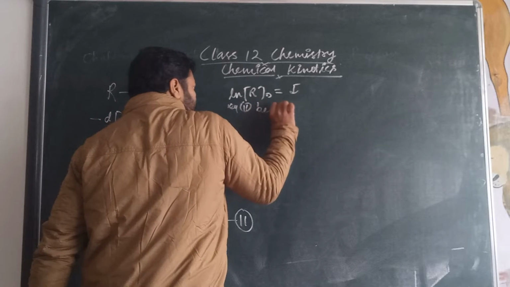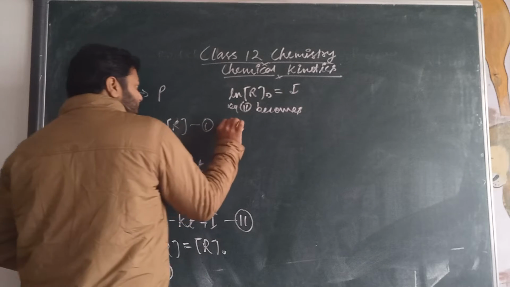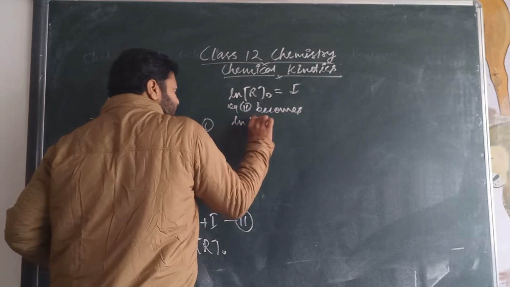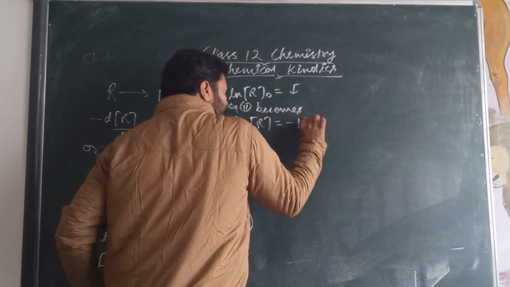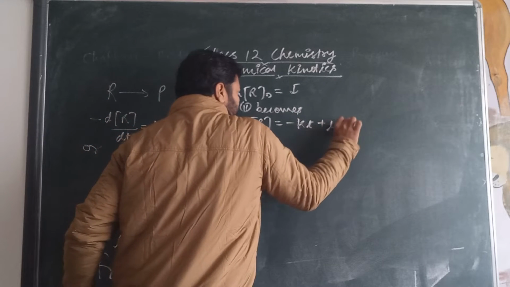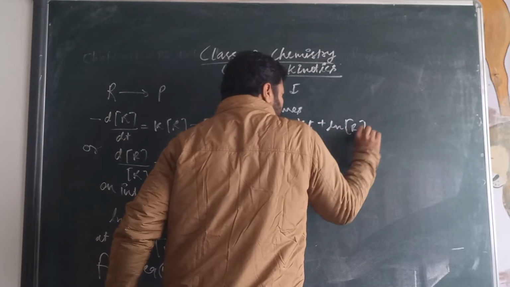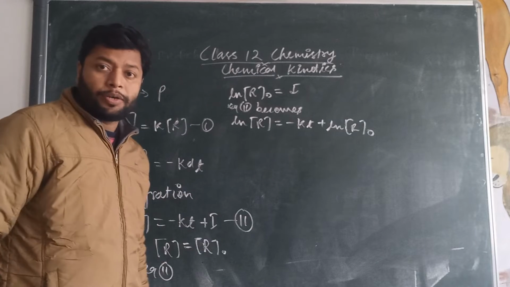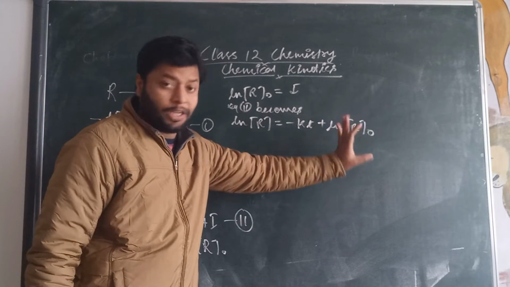ln R equal to minus kt plus ln R0. Okay, this will become ln R equal to minus kt plus ln R0.